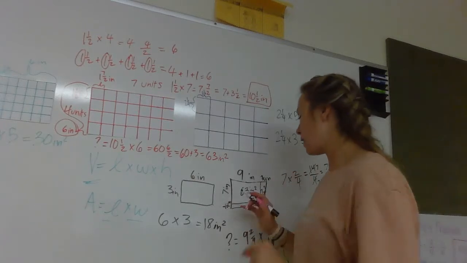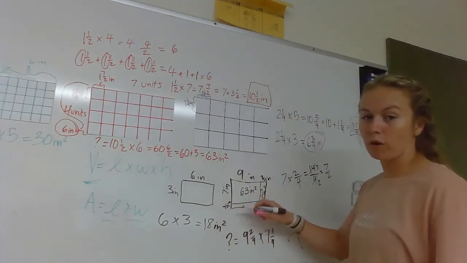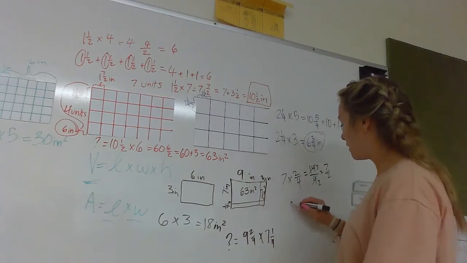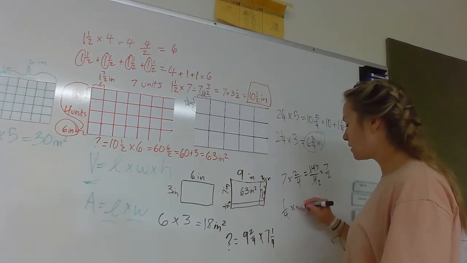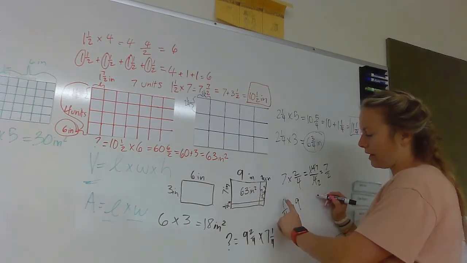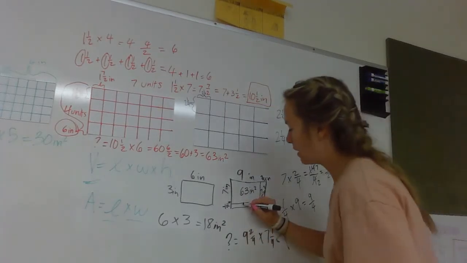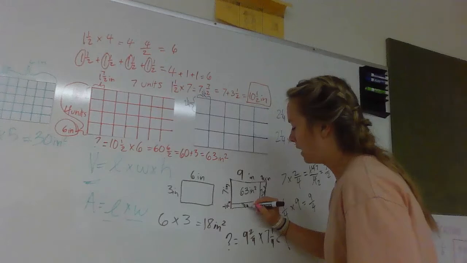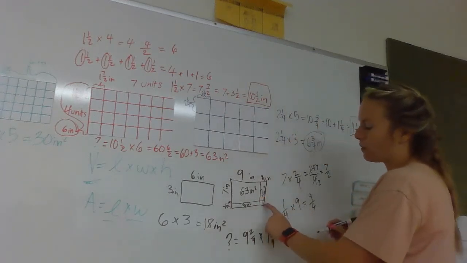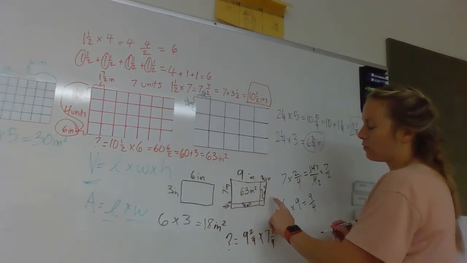Now our next part is going to be over here. It's going to be 1/4 times 9. The 9 only affects the numerator, meaning it's 9/4. So we put 9/4 inches squared. Now the last part is 1/4 times 2/4.